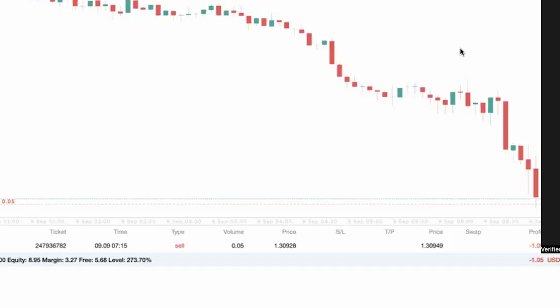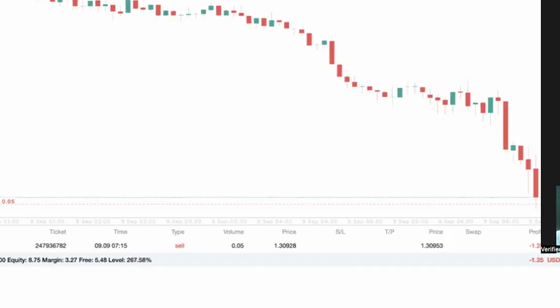So this entry was supposed to be done at this candle here, all right? So at the close of this candle, you're supposed to be on this move. But because I didn't see this bearish move on GBP USD, honestly, because I was obviously thinking about Euro USD all this while, and my bias on Euro USD is bullish.